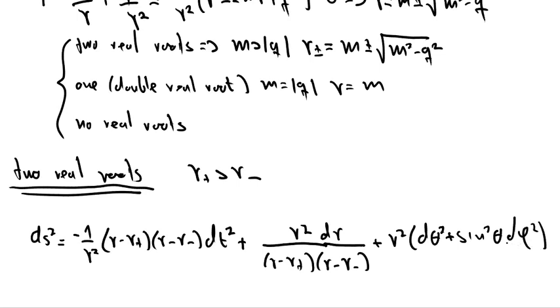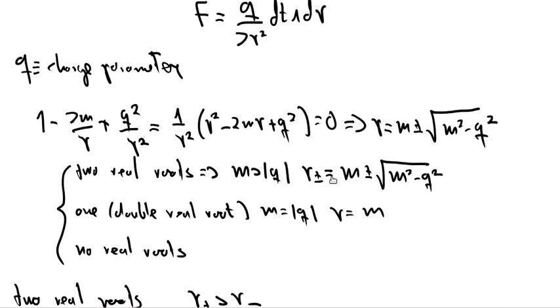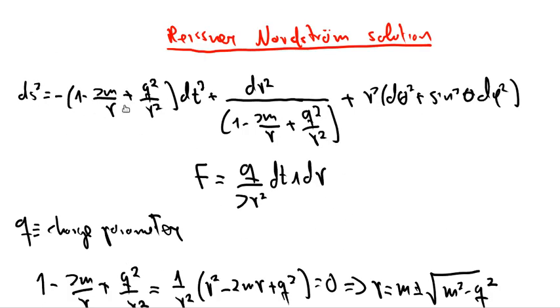I forgot to mention at the beginning that the Reissner Nordström line element is already written in a coordinate system which is adapted to the spherical symmetry. So we can follow the procedure which was explained in a previous lecture.